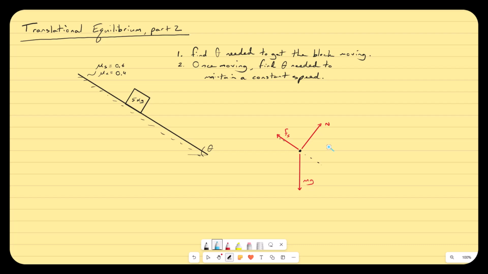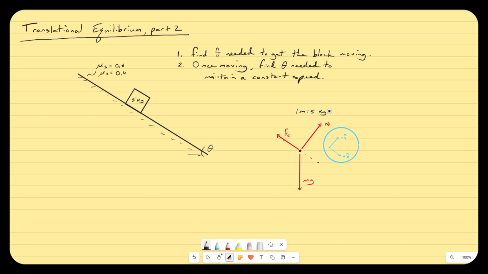All the motion is going to be along the ramp, so let's call that our positive x-axis. Perpendicular to the ramp can be our positive y-axis. The whole thing has a mass of 5 kilograms.